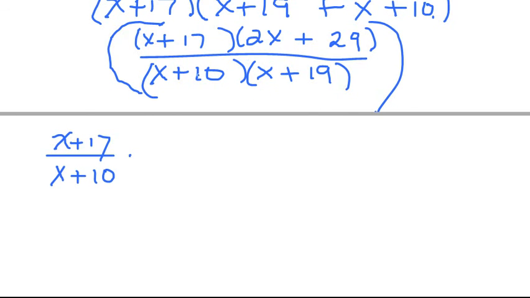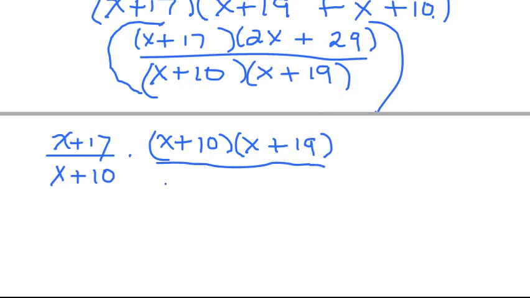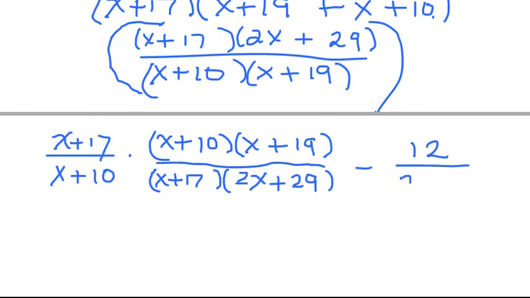We're going to go ahead and flip this, and so we're going to end up with x plus 10, x plus 19, that's all over x plus 17 times 2x plus 29. Okay, and then remember we've still got out here minus 12 over 2x plus 29.